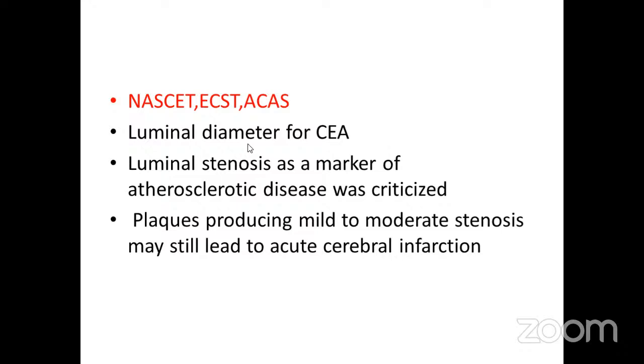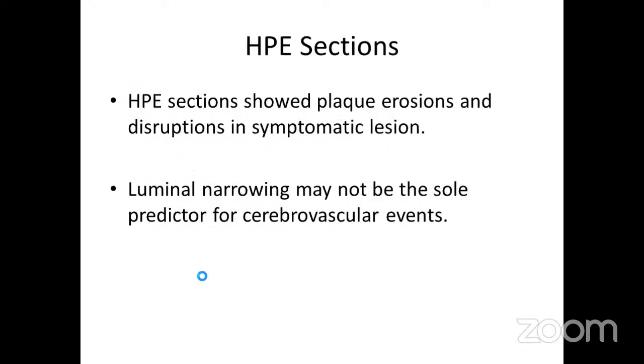Recently, due to improvement in imaging technology, some radiology and neurology societies have criticized the concept of luminal stenosis, because plaques that produce mild to moderate stenosis may lead to acute cerebral infarction. Histopathological sections from studied carotid arteries showed erosions and disruptions in symptomatic lesions.